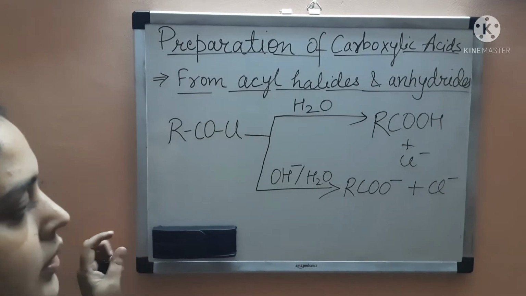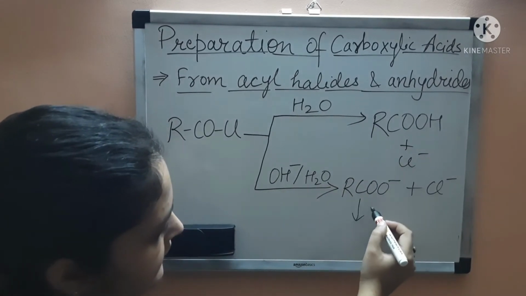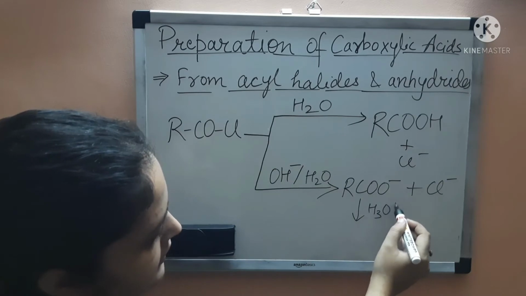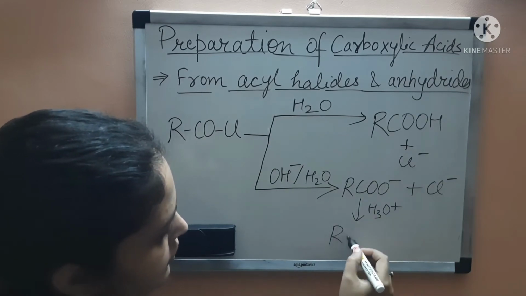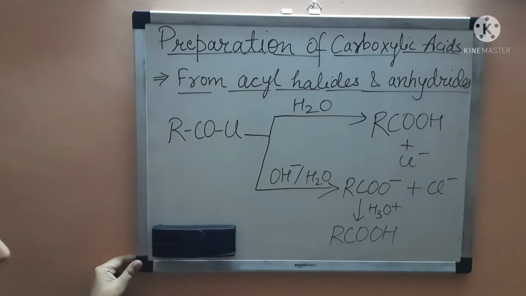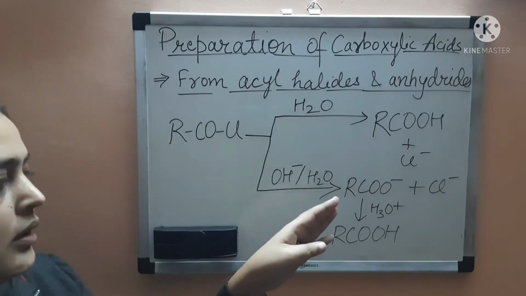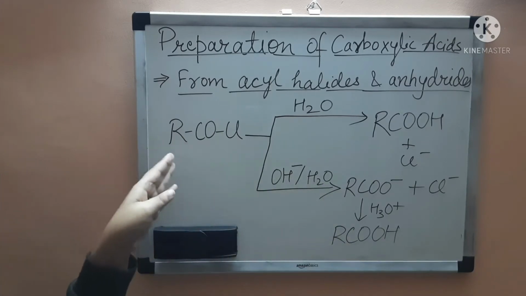And then when you acidify it, you add acid, that is H3O plus, then you will get your carboxylic acid, that is RCOOH. So this is another way to make carboxylic acid from acyl halide.